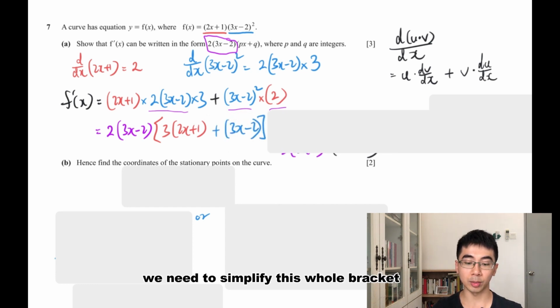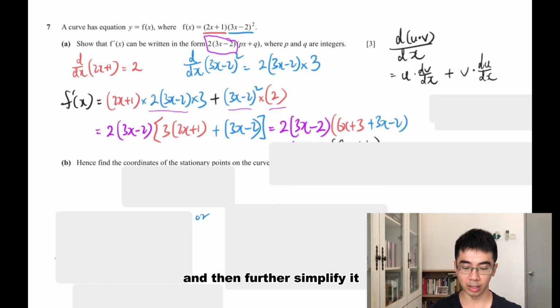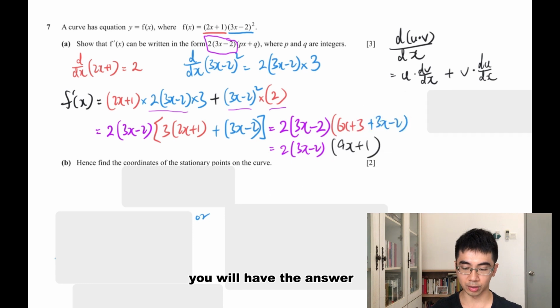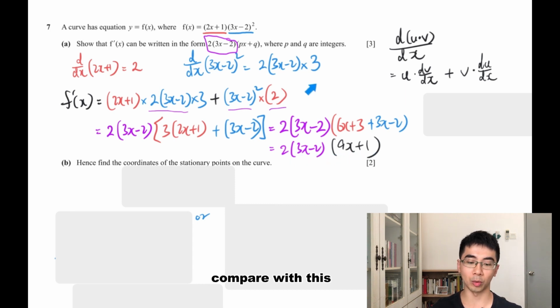So we need to simplify this one, or for the whole bracket, you get something like this, 6x plus 3, and then plus 3x minus 2, and then further simplify it, you will have the answer. f prime of x is actually 2 times (3x minus 2) and then times (9x plus 1). Comparing with this, p is actually 9 and q will be positive 1. So this is for part A.